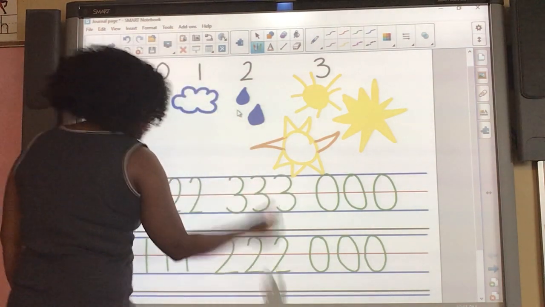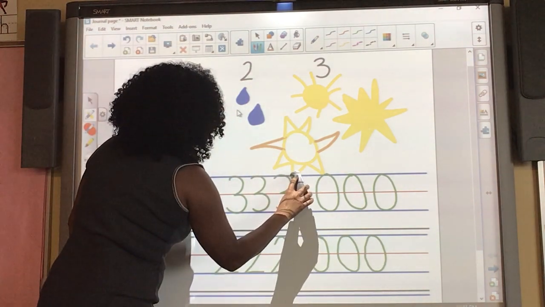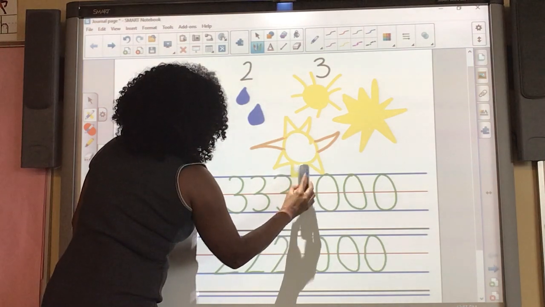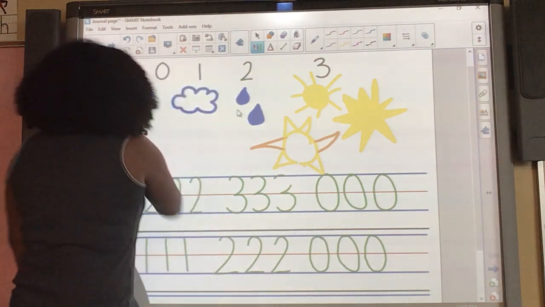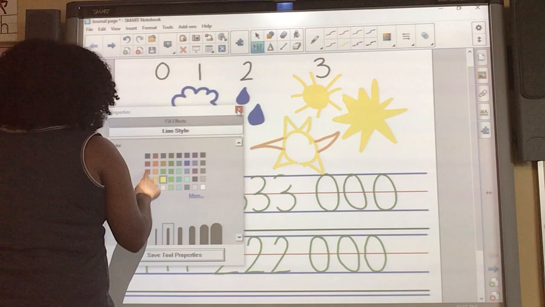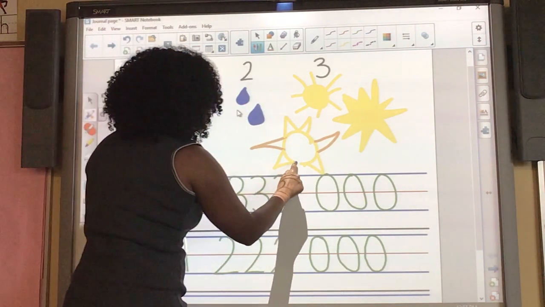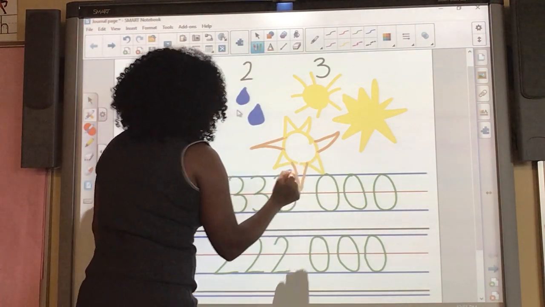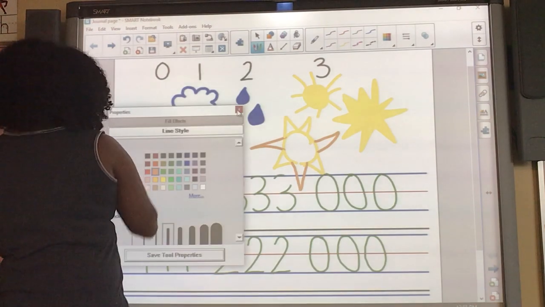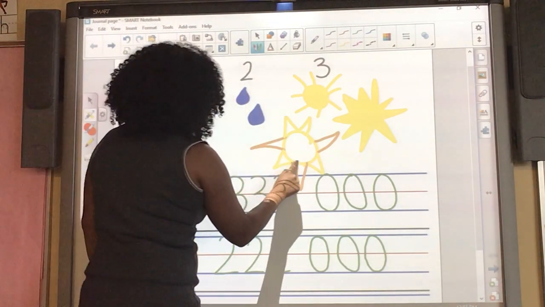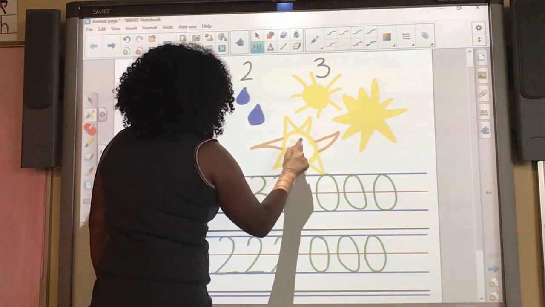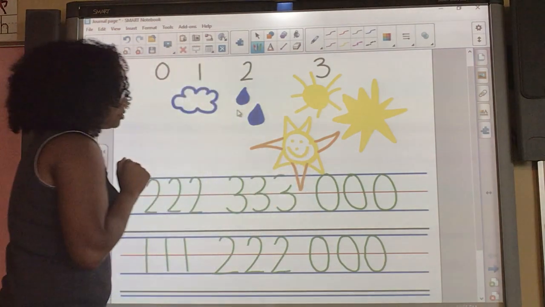I need another orange point. You can illustrate your suns however you like. And this one I'm going to make a smiley happy sun. There's my happy sun.